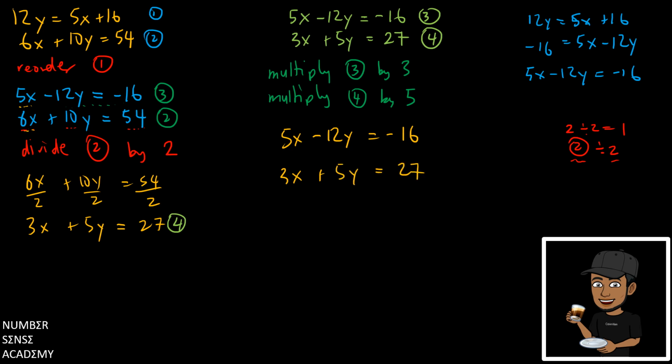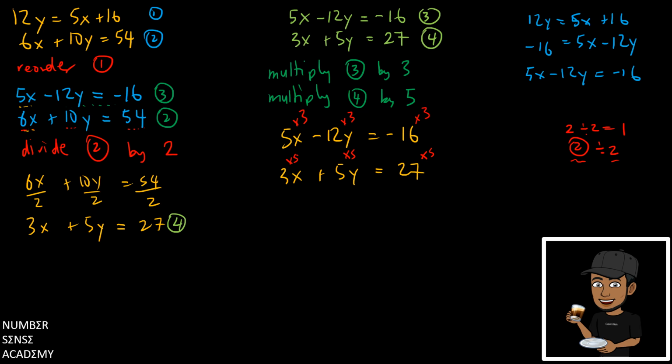Equation 3 is getting multiplied by 3, so this is times 3, times 3, and times 3. And this is times 5, times 5, and times 5. Hopefully you're not confusing yourself and thinking this is like 3 to the exponent 5 or something. These are just labels, and we have to be very careful with those.